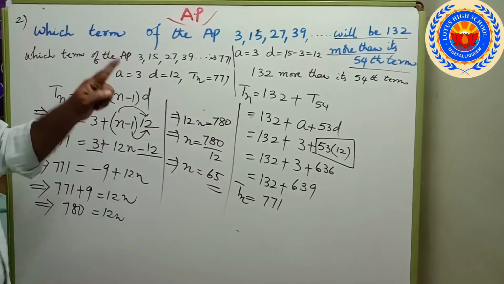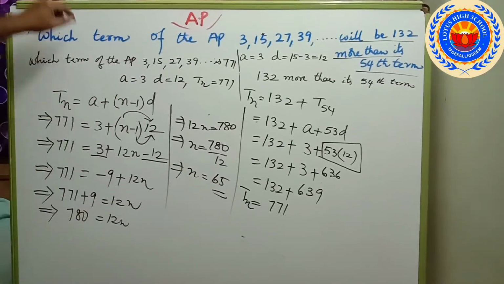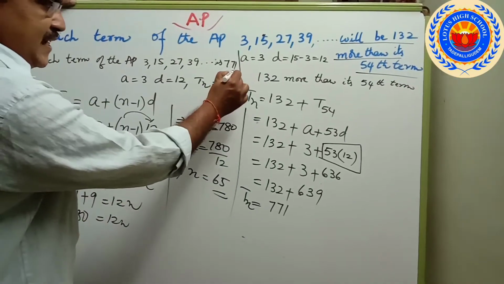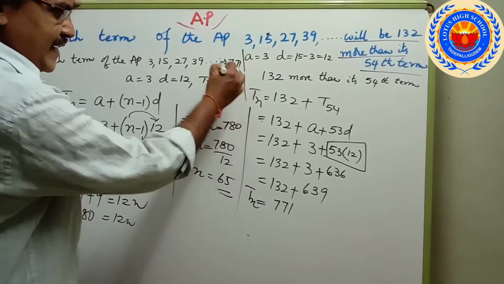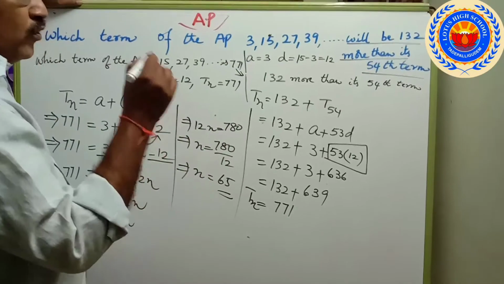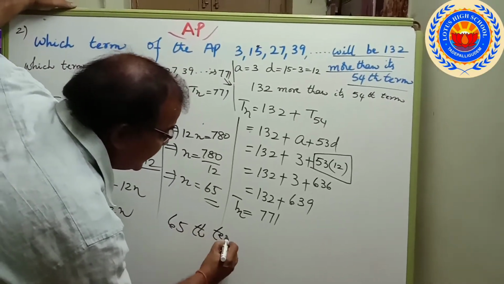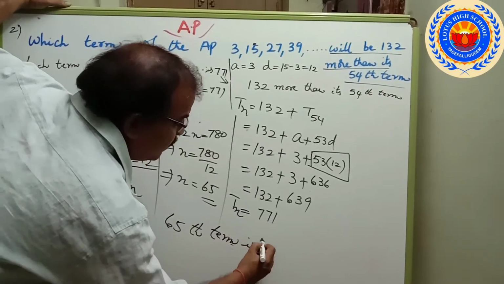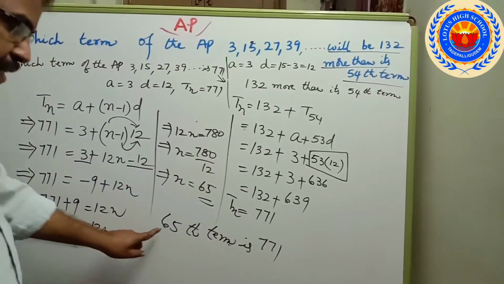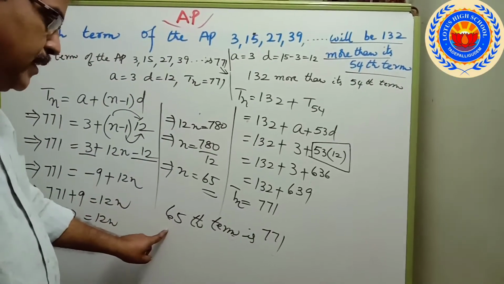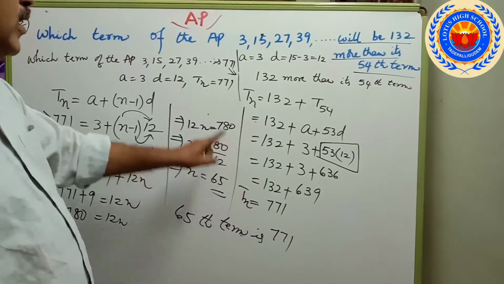n is equal to 65. Therefore, this 771 is the 65th term. Therefore, the 65th term is 771.